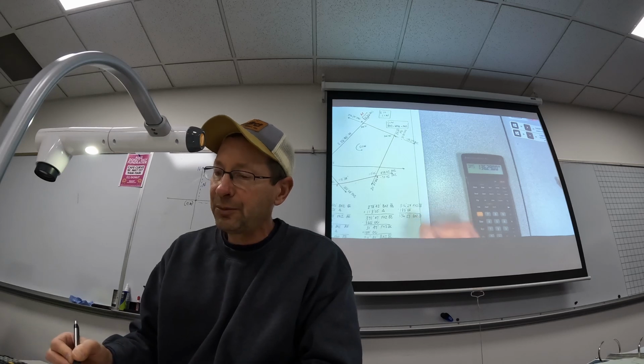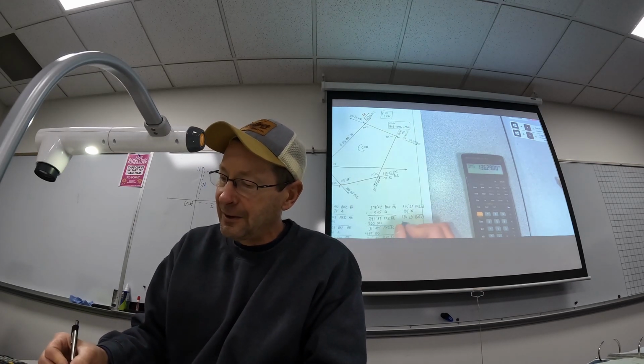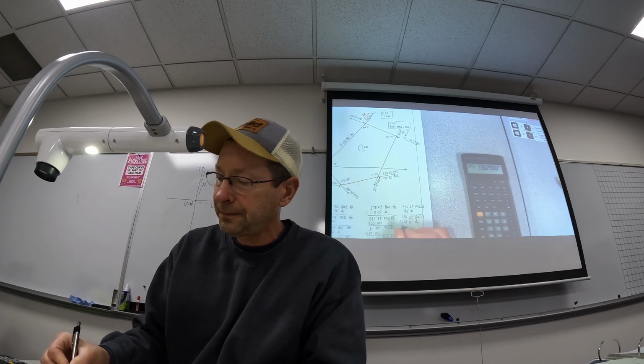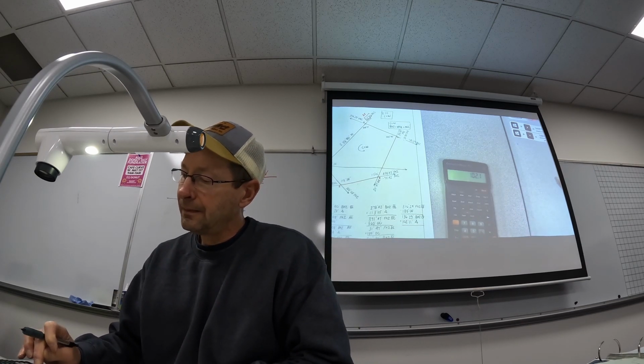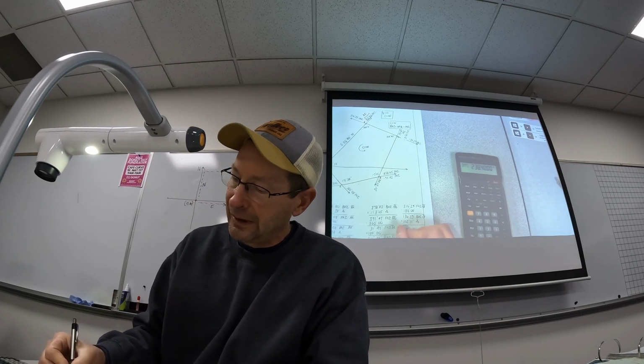C to B. So the last move we have is, let's follow the formula. Let's add the interior angle. 238.40.